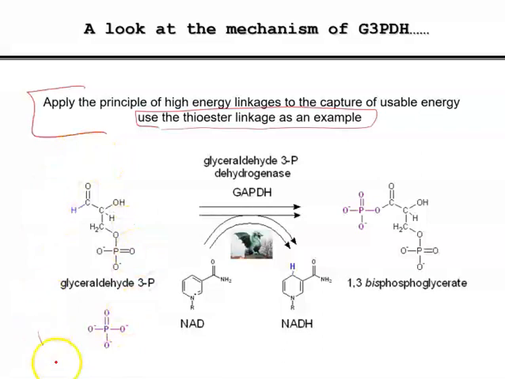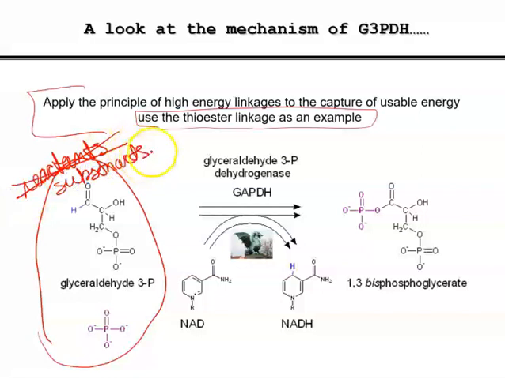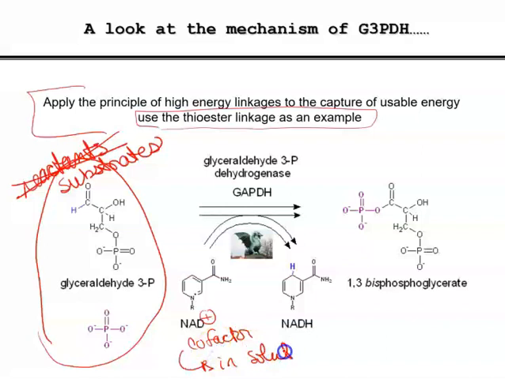Here are our starting materials, and because this is an enzymatic reaction, instead of calling these reactants, we're going to call them substrates because we have an enzyme. NAD plus is a cofactor, and this is in solution.